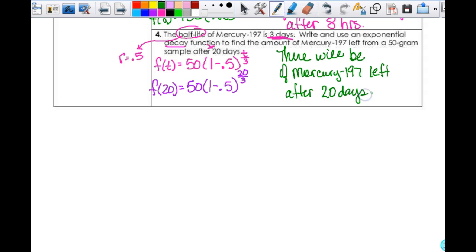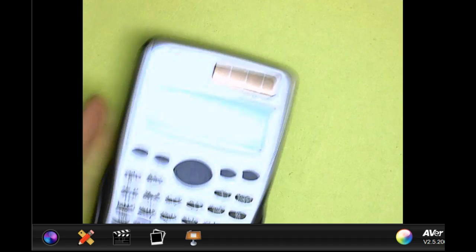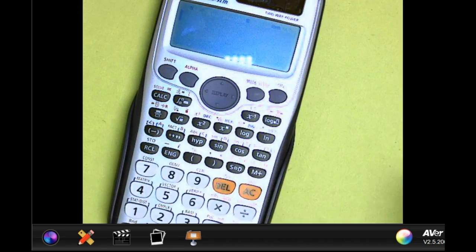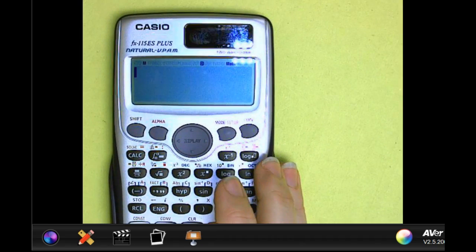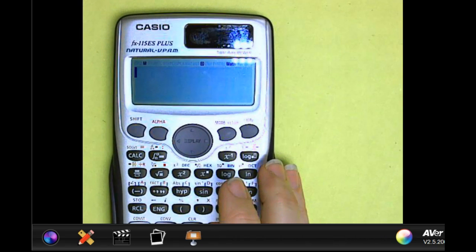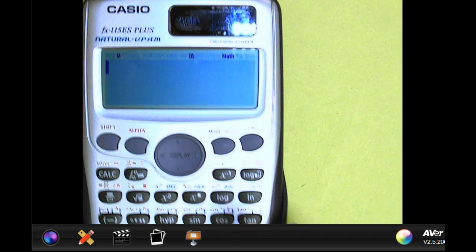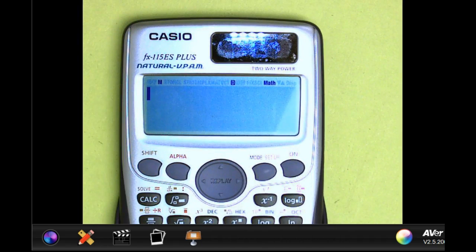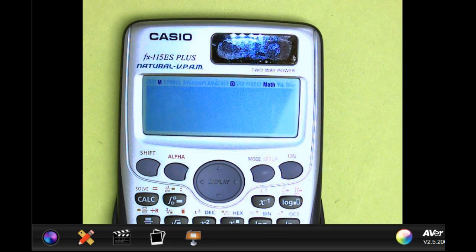So I'm going to show you one nice thing about this calculator, because I should be like a spokesperson. So on this one, I'm typing it in, and I can do that 50 times 0.5 to the, and then I do my little exponent here. You see how it puts all in that little exponent right there?